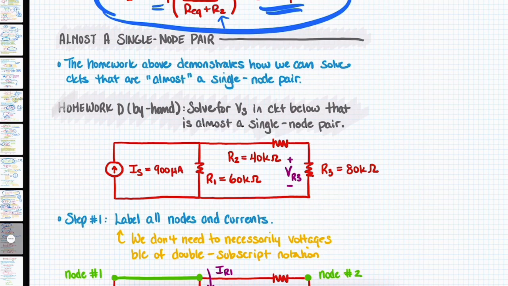So if we look at this deprecated homework here, we want to solve for V3. And we're being told that this is almost a single node pair, and that makes sense because if I just combine these together, that would eliminate this node and we would have a single node pair.